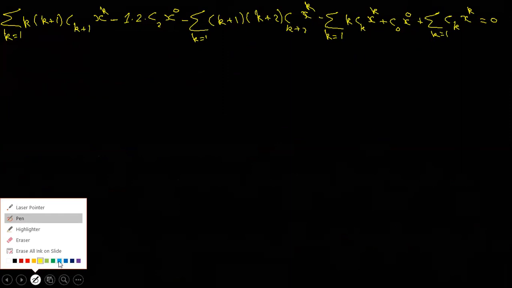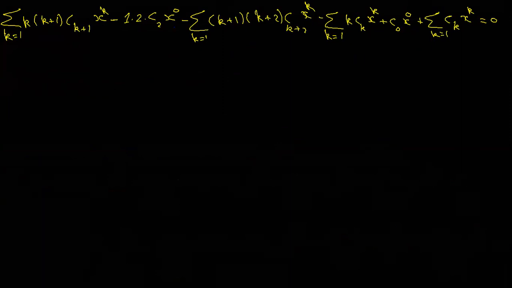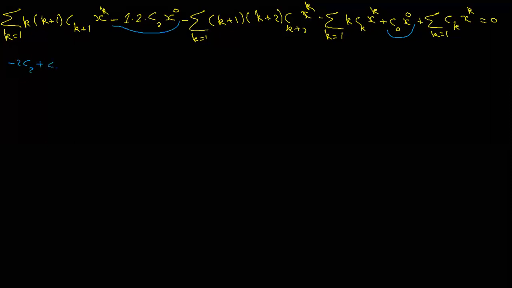So I'm going to take the constants together: negative 2c2 x to the 0, which is 1, no need to write it, plus c0 equals 0. Now, this summation starts from 1, this one, this one, and this one, so I can take them with a common factor of x to the k.